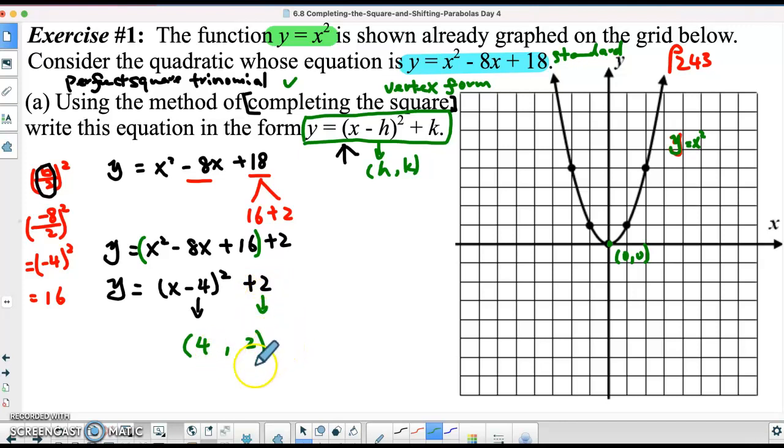This is your vertex. What does the vertex tell us? The vertex tells us how the parabola is shifting. Okay, the x coordinate tells us left or right. The y coordinate tells us up or down.